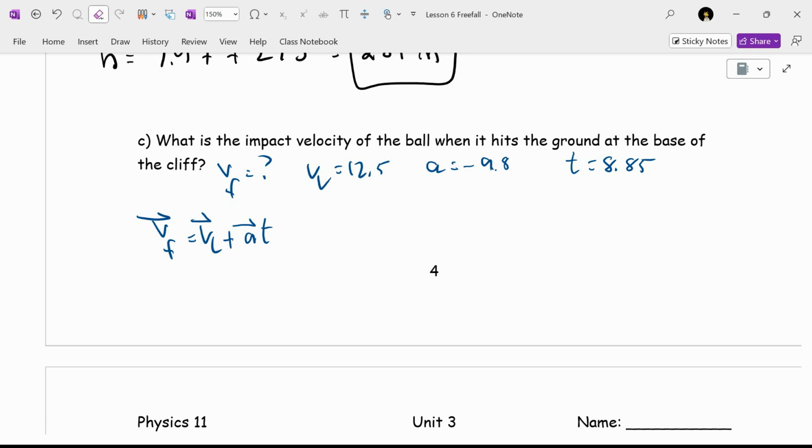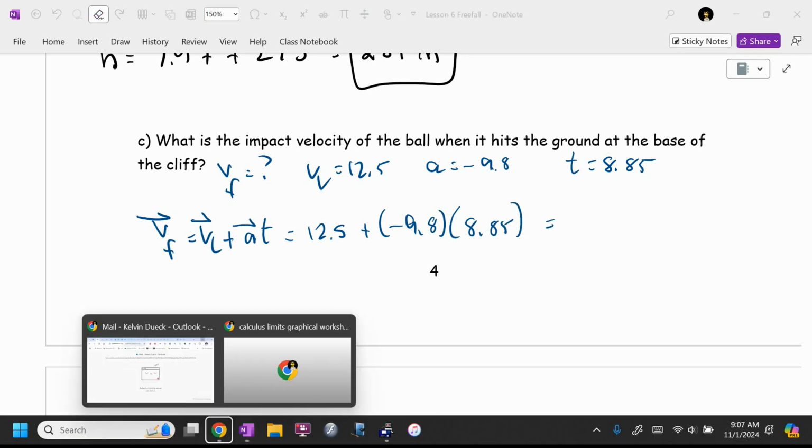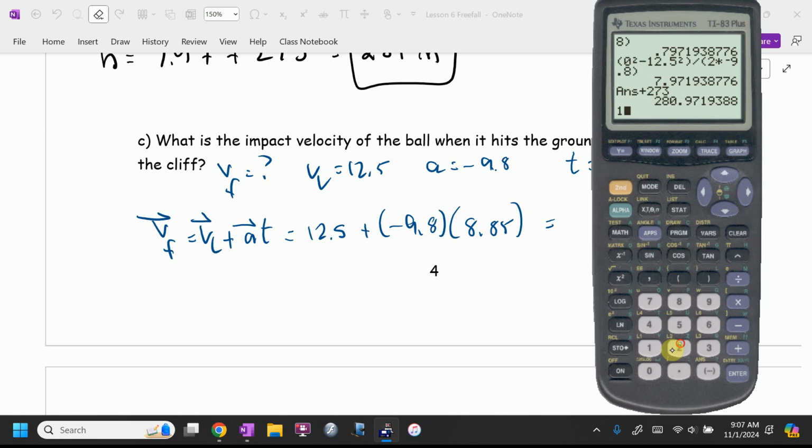If I get a positive answer, I've probably made a typo. 12.5 plus negative 9.8 times 8.85. Did you get negative 74.23? I'll go negative 74.2. Yeah.